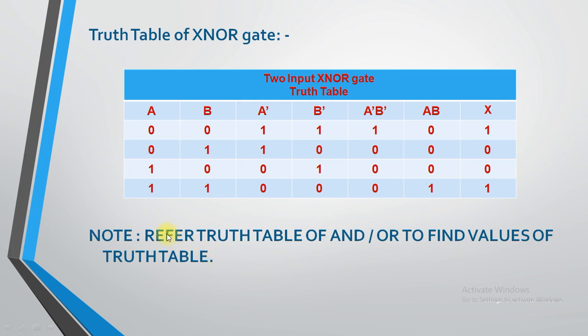So over here also I have mentioned to refer to the truth table of AND and OR to find the values of the truth table. So this is called exclusive gate. Exclusive gate contains XOR gate and XNOR gate. XNOR gate is the opposite gate of XOR gate.